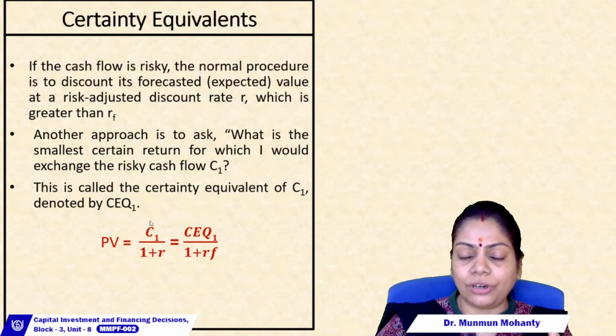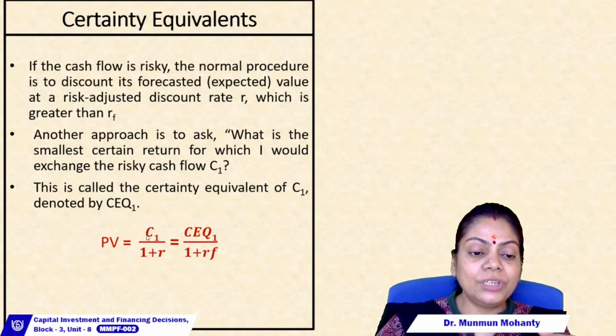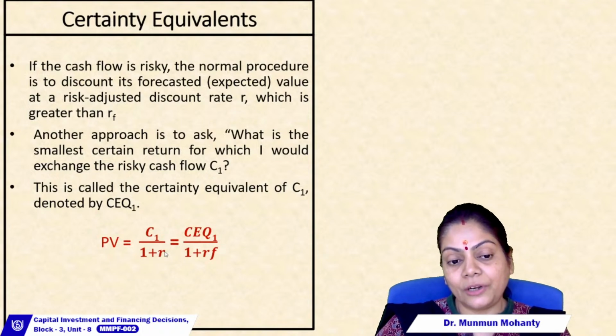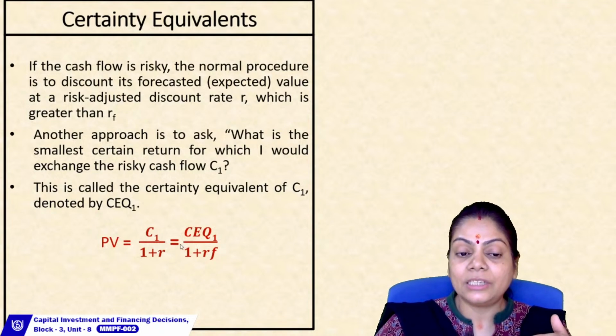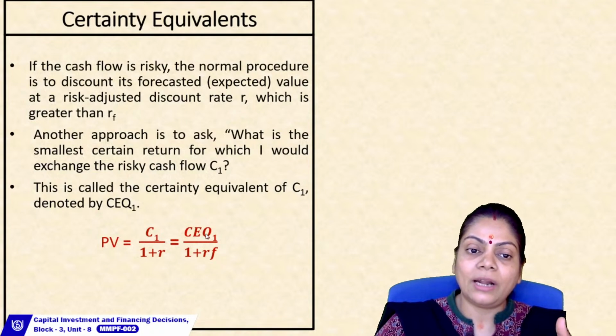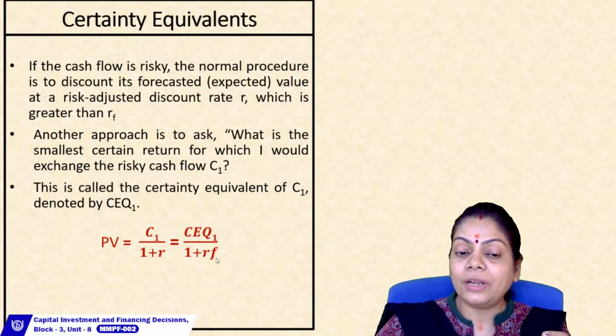Now, C1 is my risky cash flow. So the C1 I'm discounting by a different rate of return, that is the R, commensurate with the risk of C1, is equal to the certainty equivalent, which is risk free, that is discounted with RF, that is the risk free rate of return. So here you see different R and different RF.